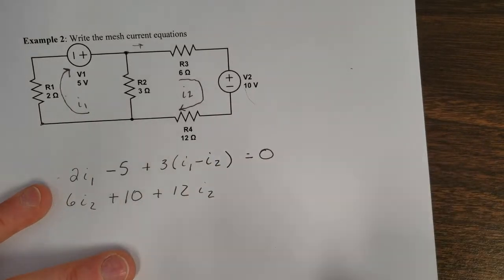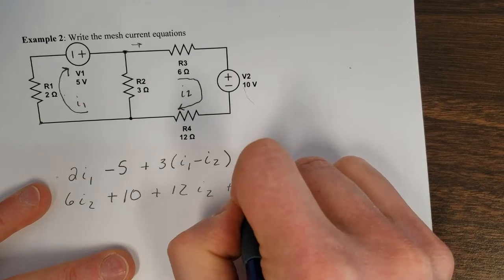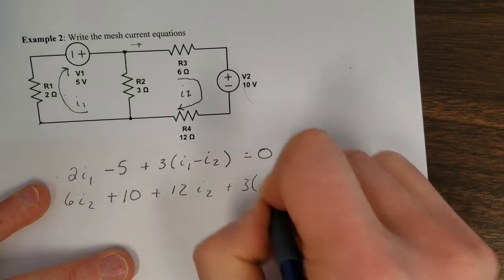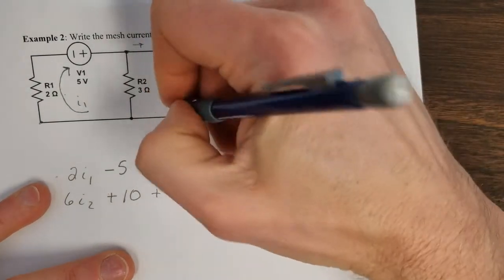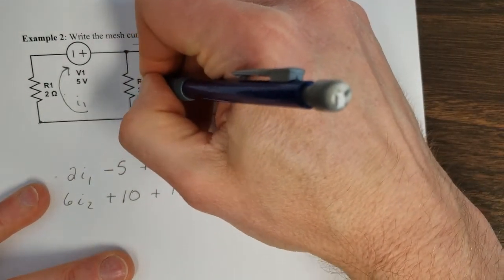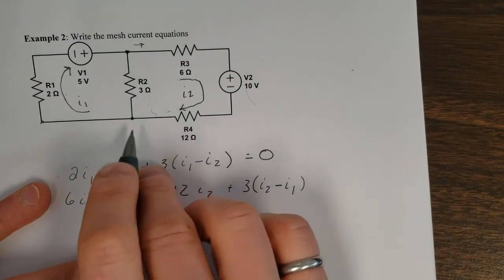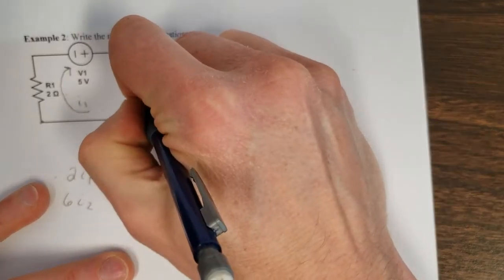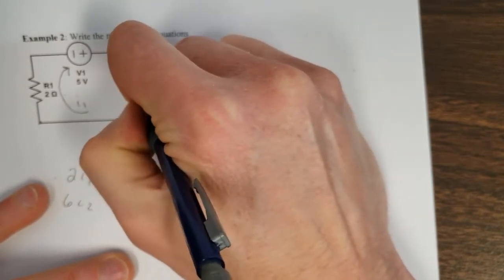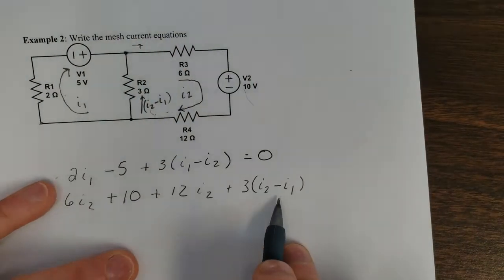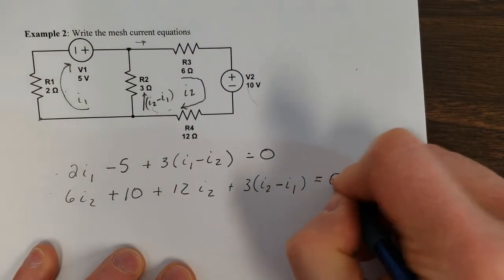And then finally we get the shared current, that's going to be plus 3. And since this is shared, we're going to get I2 minus I1, because when we get there, we're walking up the diagram, we're walking in this direction. So then this current here is I2 minus I1. And that's where this gives rise to. Notice we have the symmetry. All of this is equal to 0.